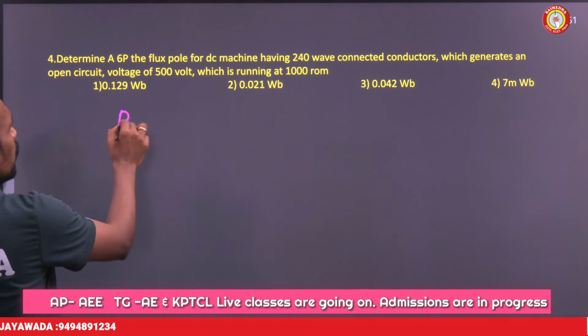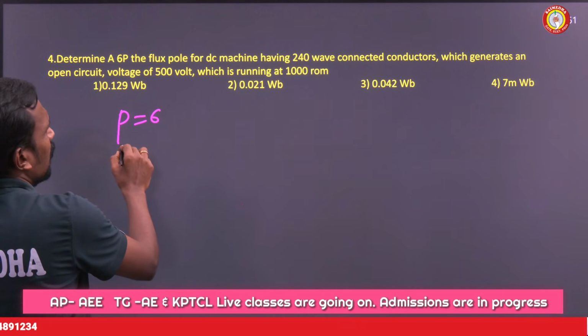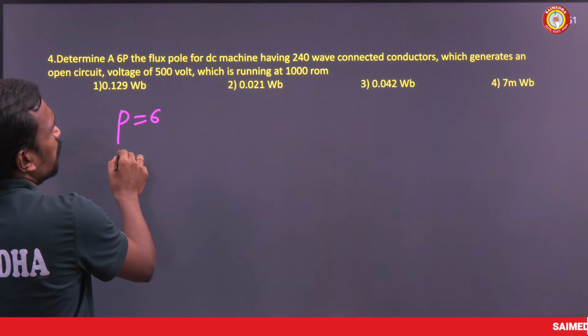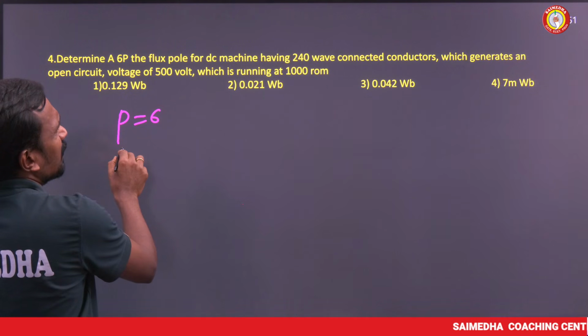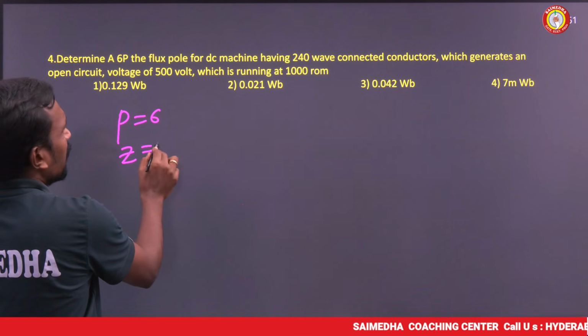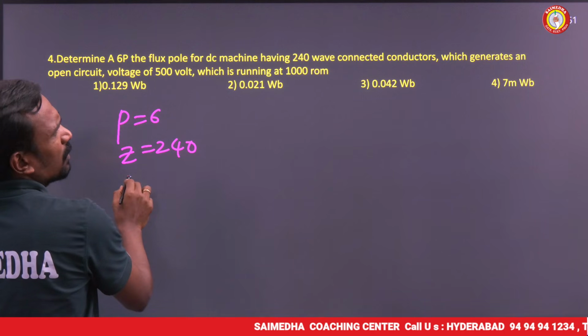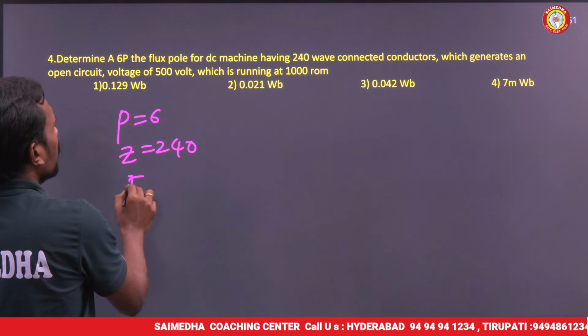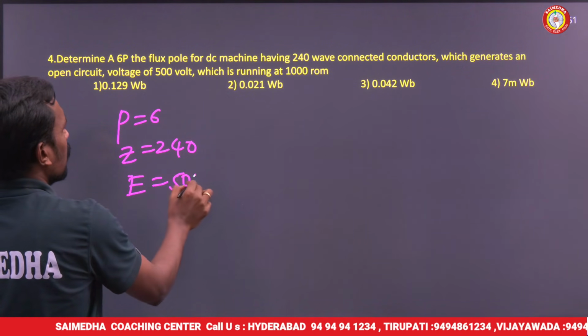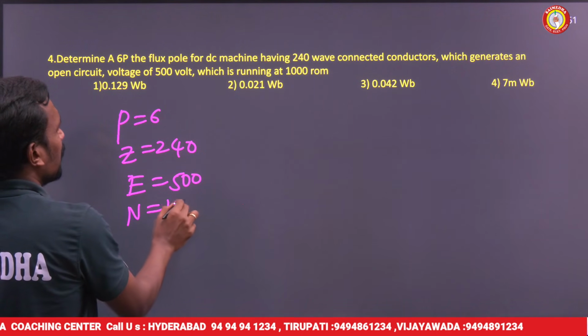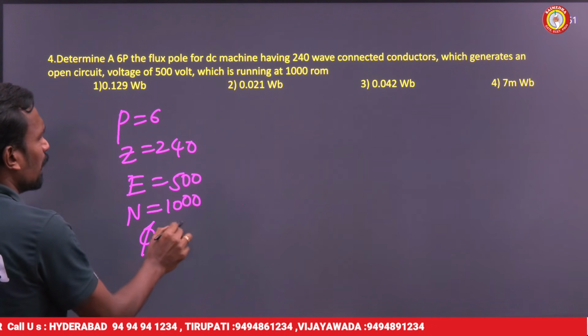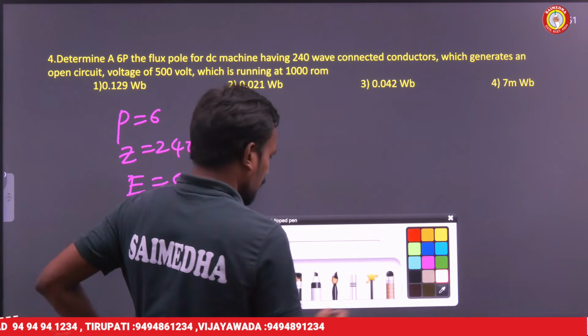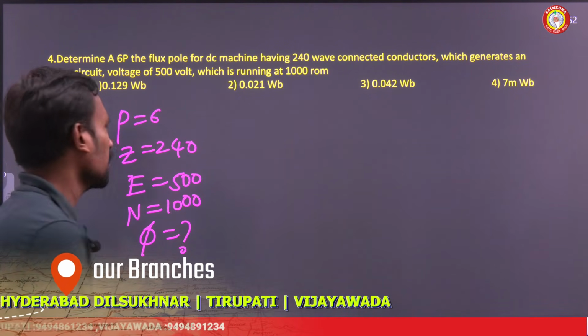Determine the flux per pole for a 6-pole DC machine having number of conductors 240, generating an open circuited voltage of 500 volts, rotating at 1000 rpm. They are asking for the flux per pole. I hope we already solved this kind of question previously.